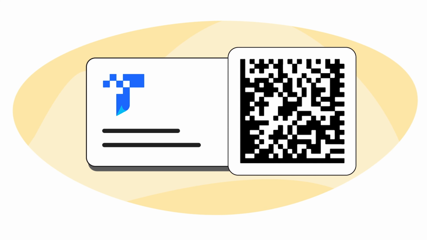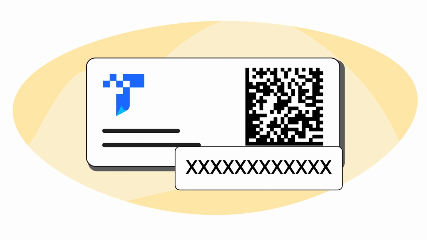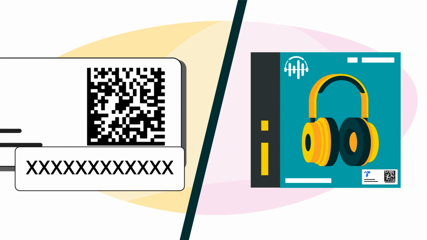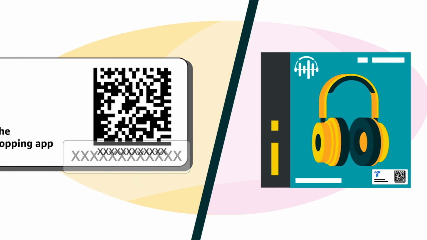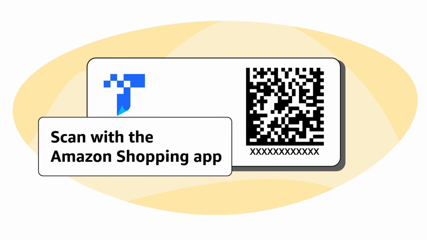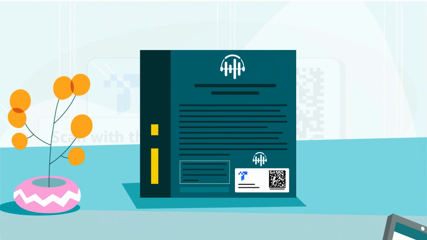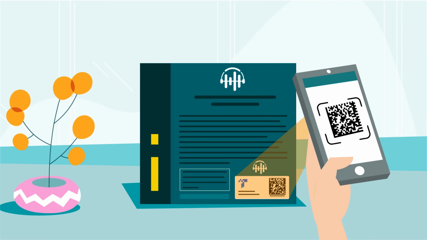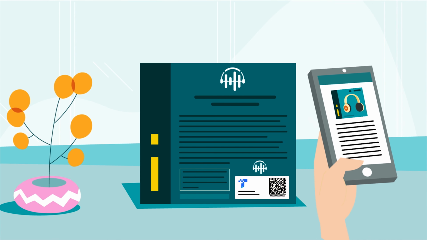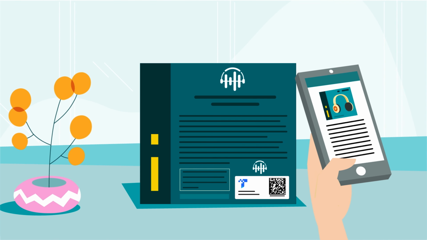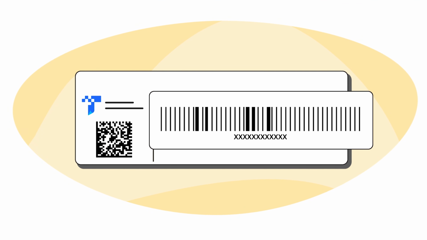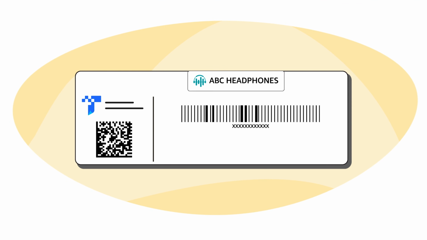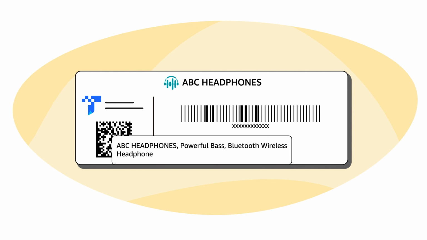A unique 2D transparency data matrix code, a product identifier to help brands match the label with the product, and the phrase "scan with the Amazon Shopping app" so customers know they can scan the code to learn more information about your product.